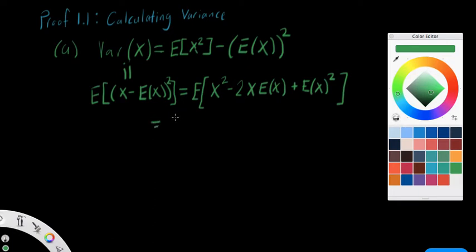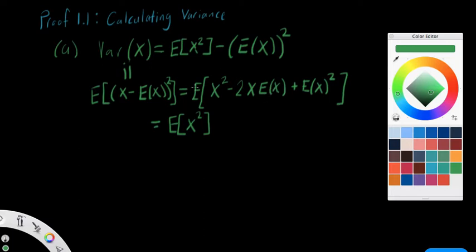So we can say that expected value of X squared. Now notice that 2, of course, is just a number, but E of X, the expected value, the mean, is also just a number.